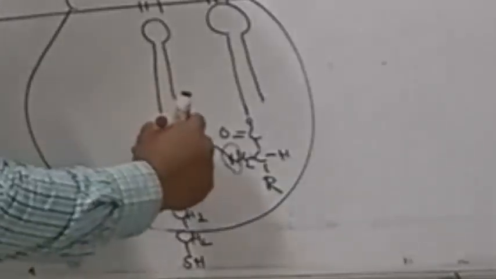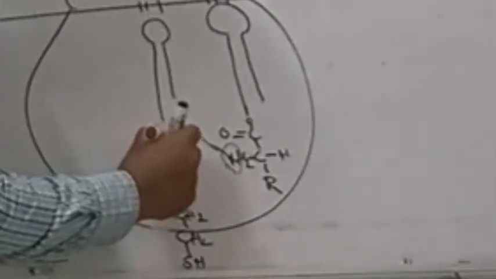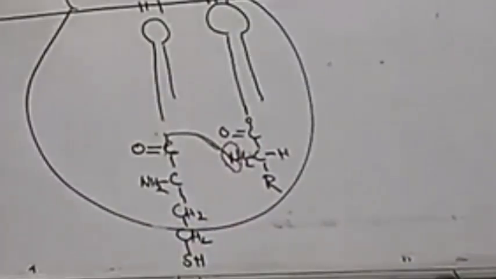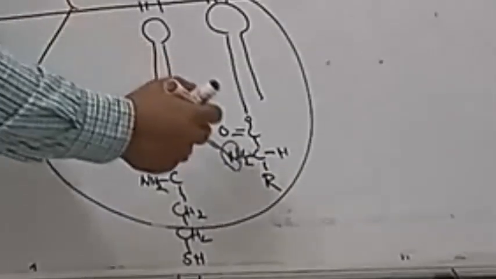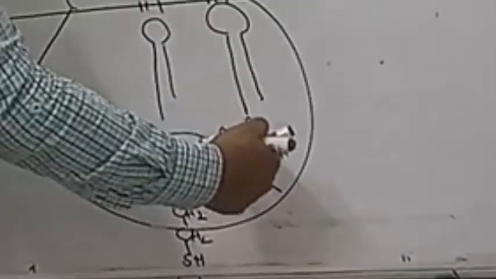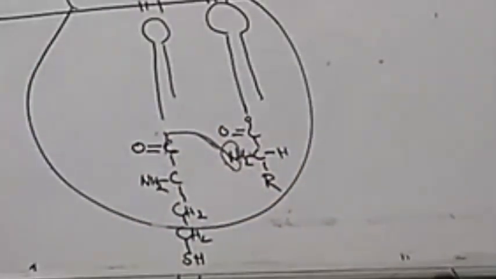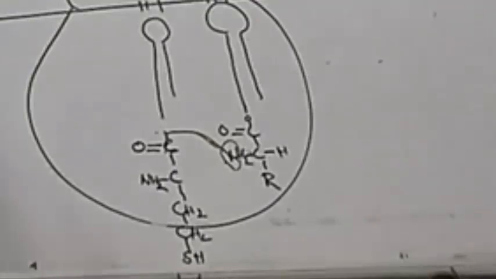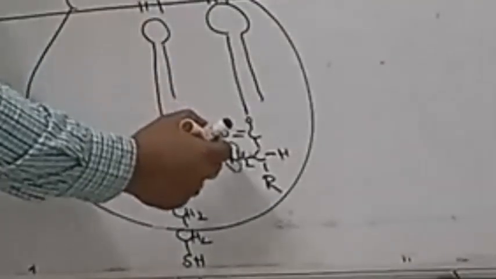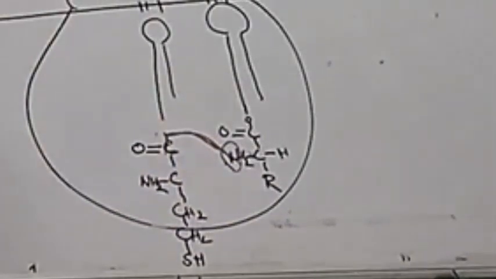So this amino acid from the P site is shifted with the bond formation and goes towards the A site. And this bond which has been formed is the peptide bond.